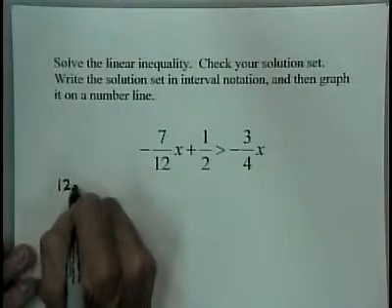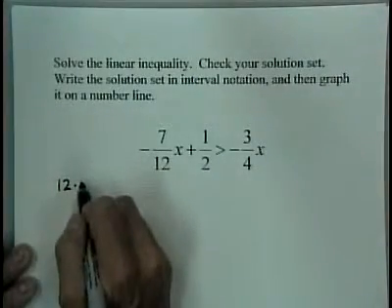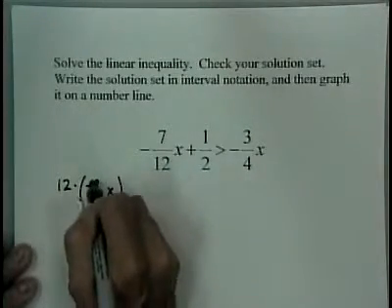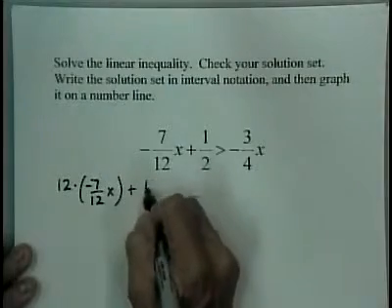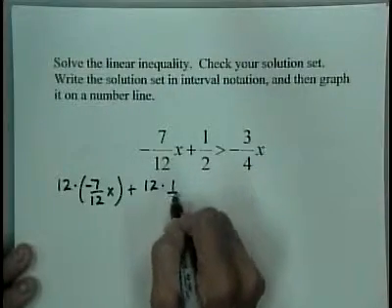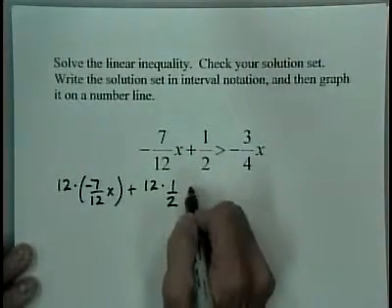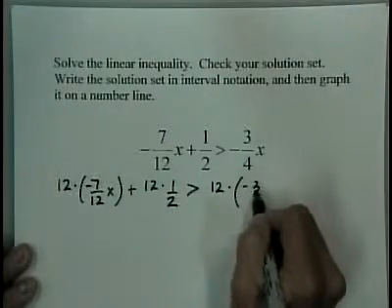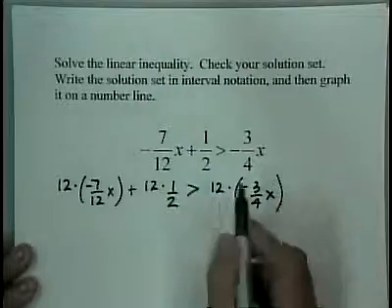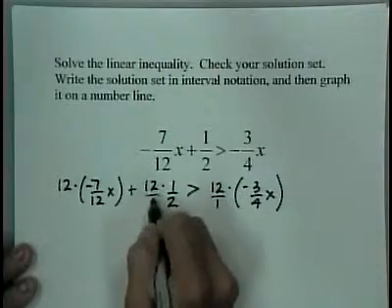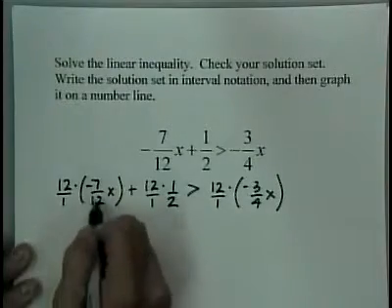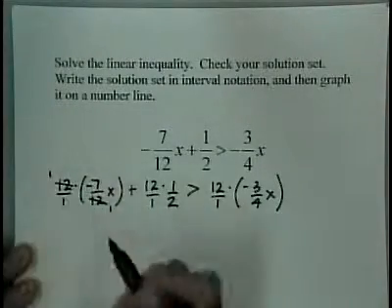So I'll take 12 times this first term, negative 7 over 12x, that's a 7, plus 12 times 1/2, the next term, greater than 12 times negative 3 over 4x. Now this 12 I'll consider over 1, and I'll use it to simplify all the fractions.